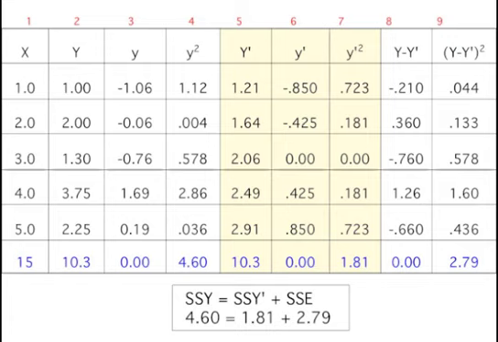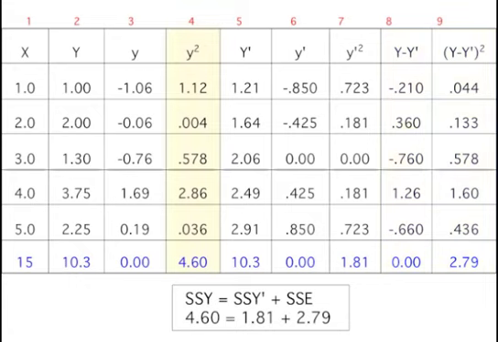The seventh column, small y prime squared, is the square of the small y prime column. The next to last column, y minus y prime, contains the errors of prediction, consisting of the actual scores, y, minus the predicted scores, y prime. The last column contains the squares of these errors of prediction.